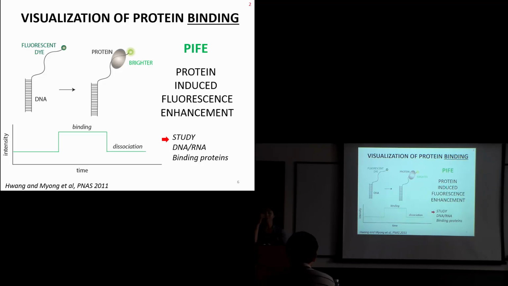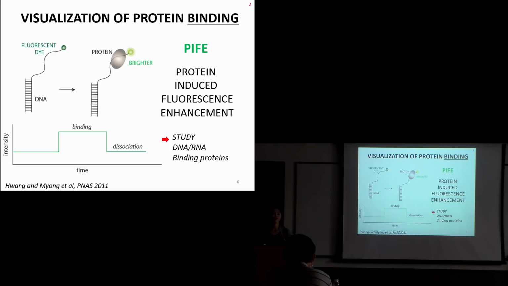My question is basically, in this method, PIFE, we get 2 to 3 times enhancement in the intensity of the fluorescence. So is that all that we gain? Because if that's the case, if there were a fluorophore out there that basically fluoresces 2 or 3 times more, the result would be the same. That's the first question. The second question is, what is the typical size of this protein compared to the size of the fluorophore?